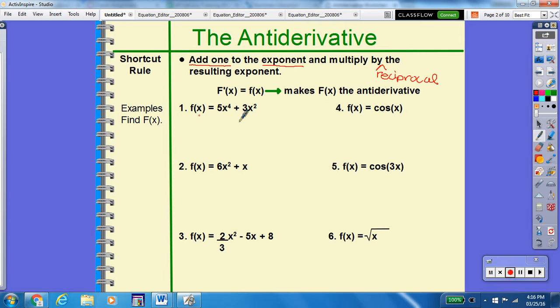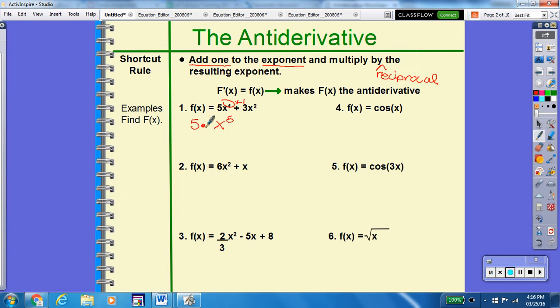So we start here with the first function. We have 5x to the fourth plus 3x squared. What we'll do here to this power is add 1, and the result is going to be x to the fifth power. There was already a 5, and I'm just going to keep it there.